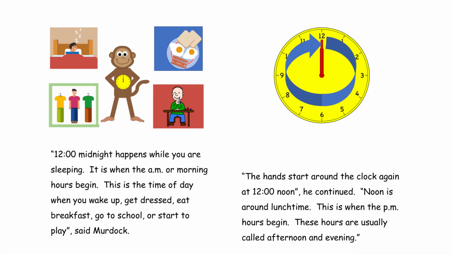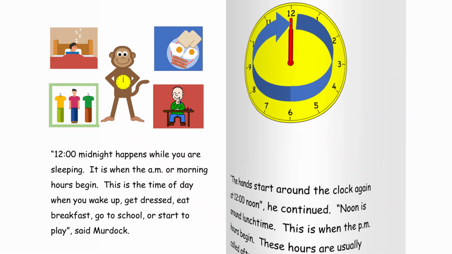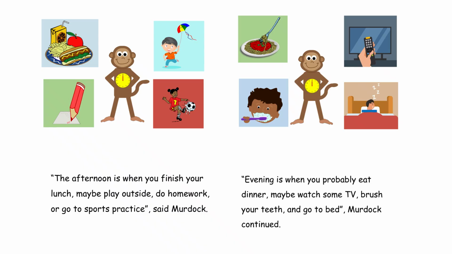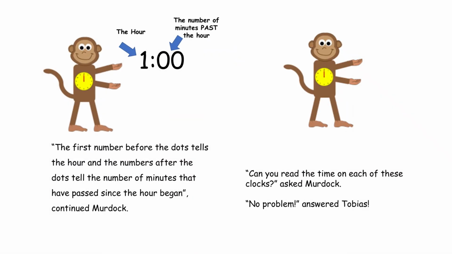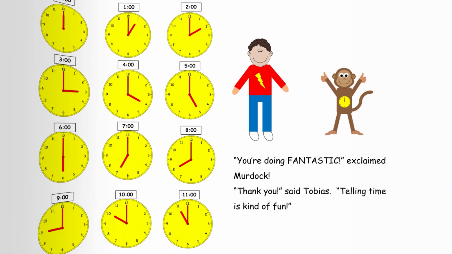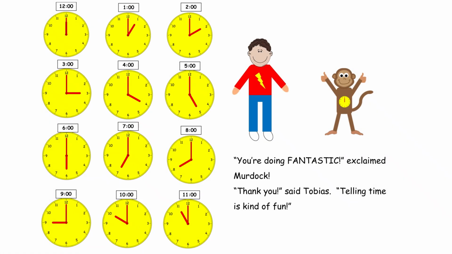He talks about things Tobias does in the AM hours, as well as what he does in the PM hours, even separating them by afternoon and evening. Murdoch then goes on to explain about how time is written and about telling time to the hour.